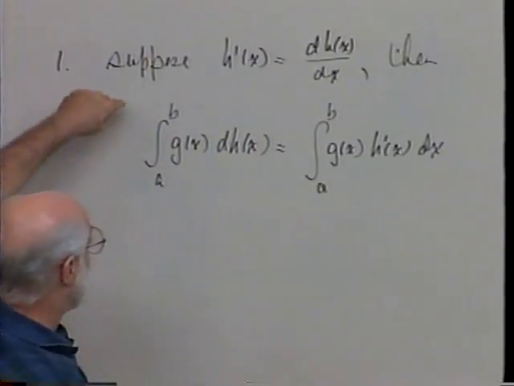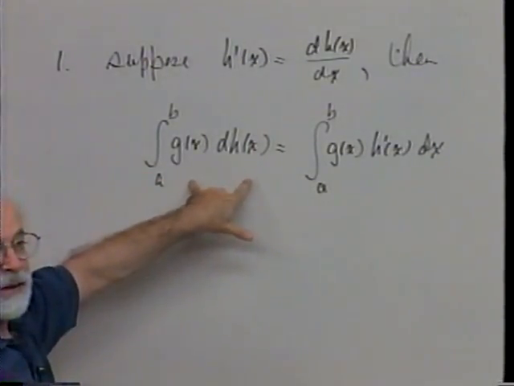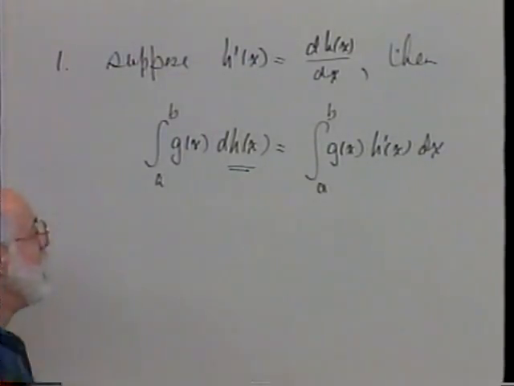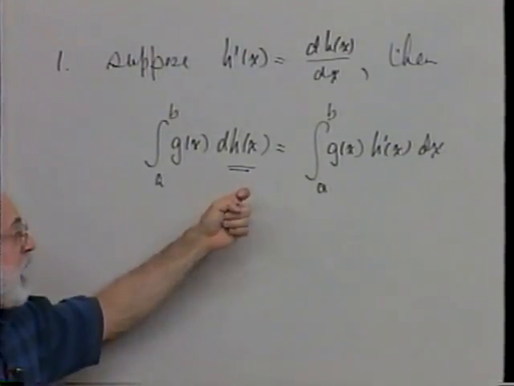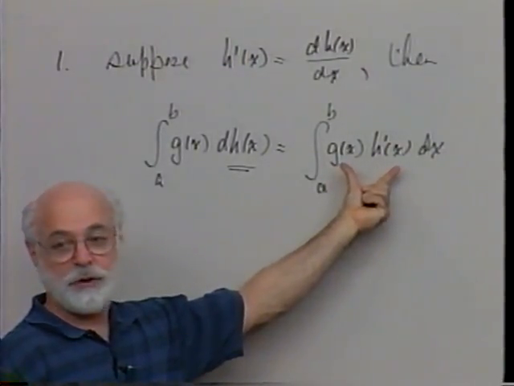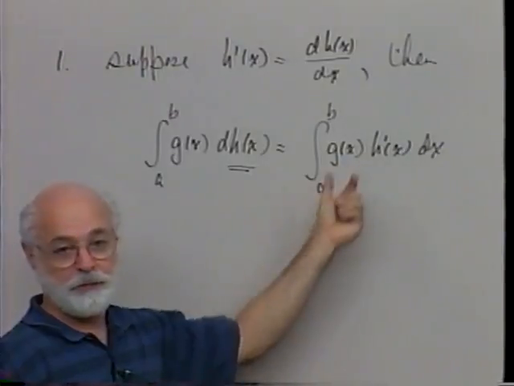So one way that I can evaluate a Riemann-Stieltjes integral is if the function with respect to which I'm integrating happens to be differentiable, then I can differentiate it, and then the answer is given by this, which has reduced it to an ordinary Riemann integral.